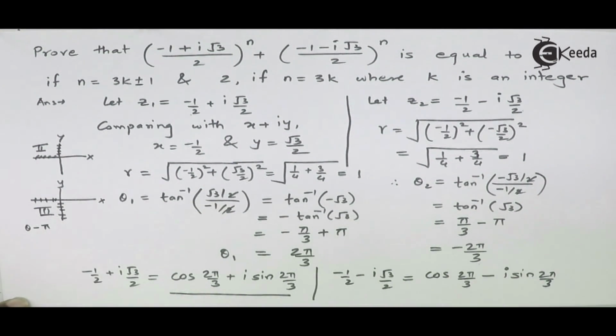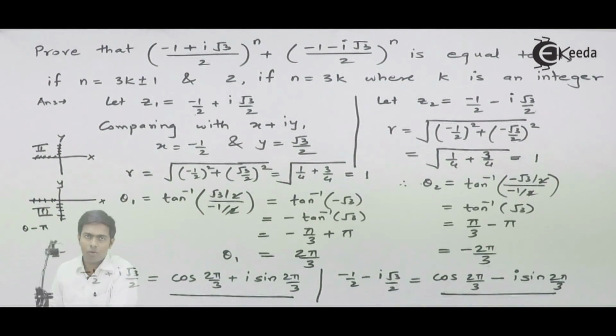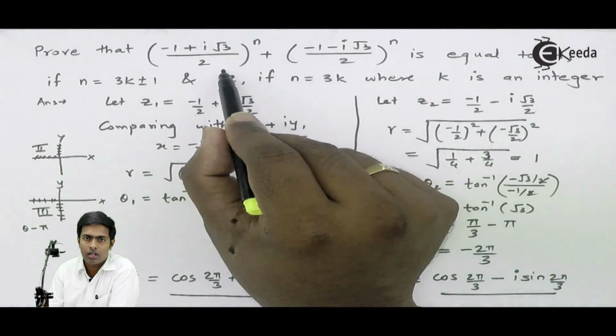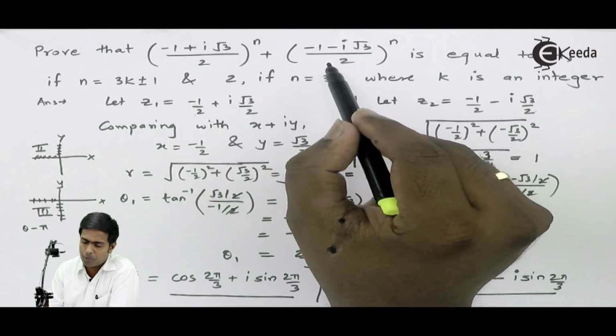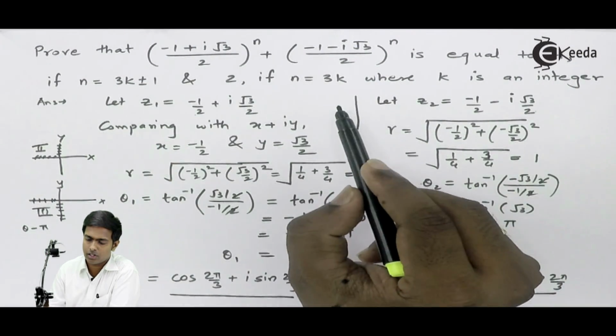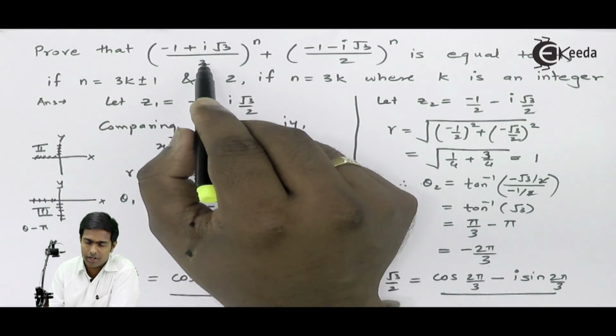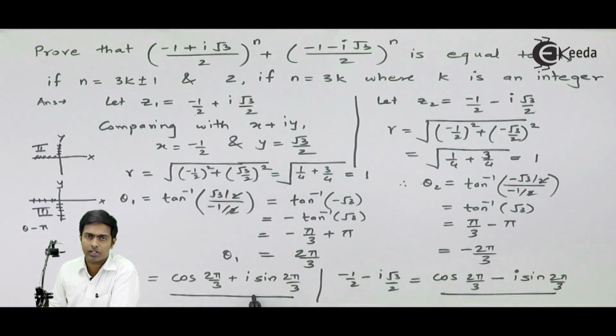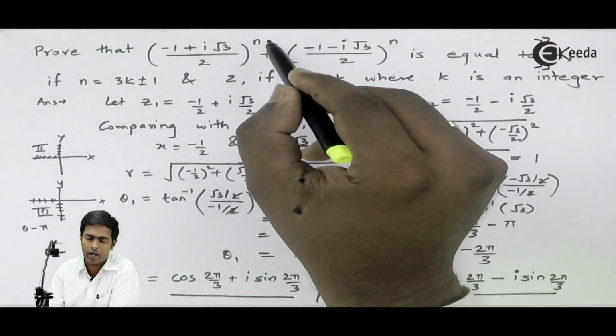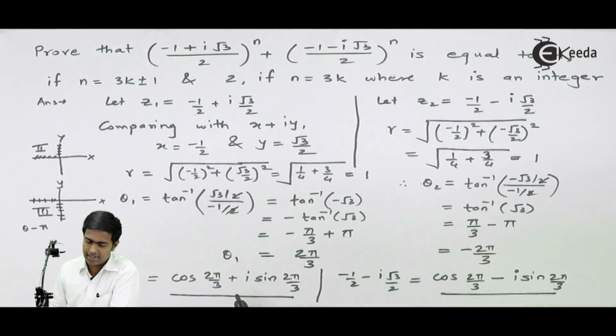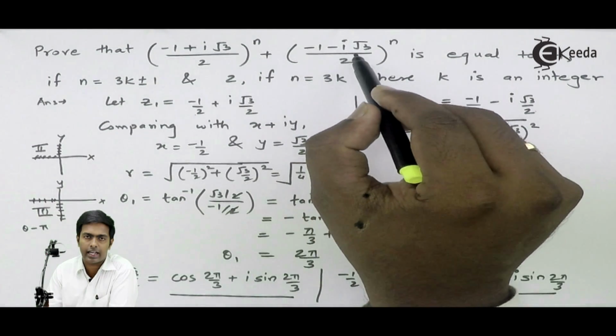So ultimately we get cos 2π/3 - i sin 2π/3. So we got these two results. Now we'll substitute these two results in the given question and then we will try to prove them. In place of the first complex number, I will replace this polar form of the complex number. Then I will find power n using de Moivre's, and I will do a similar step for the second complex number.